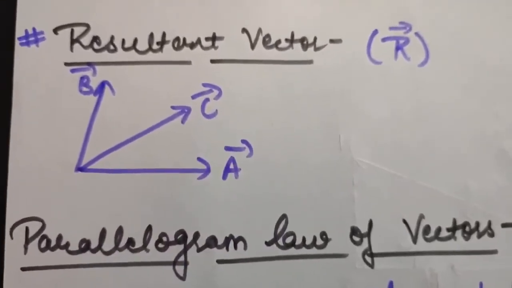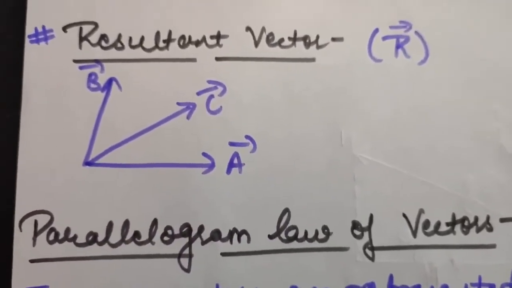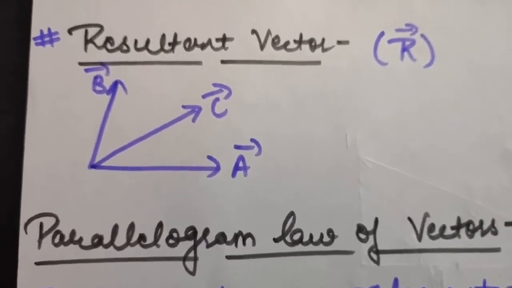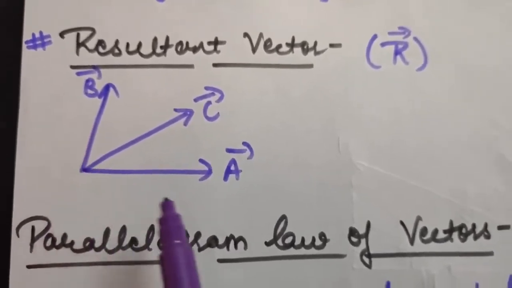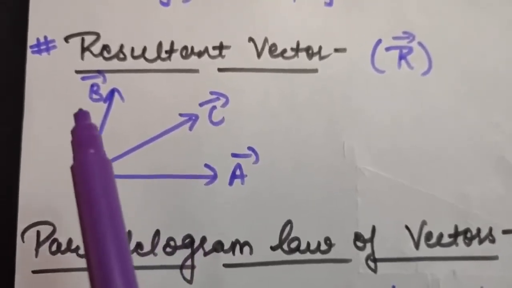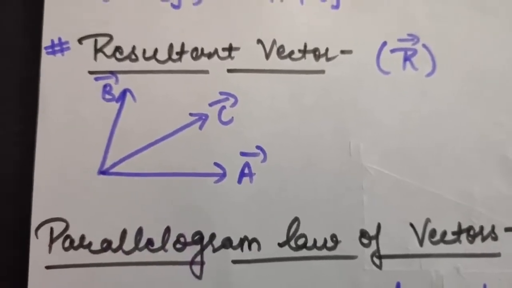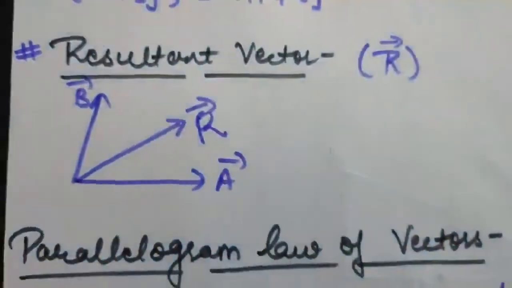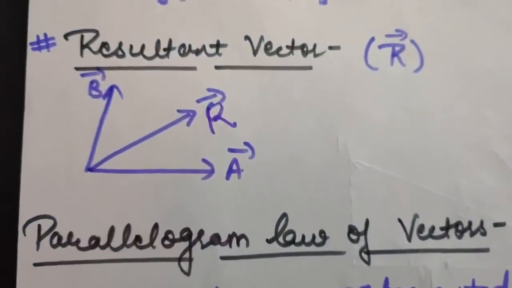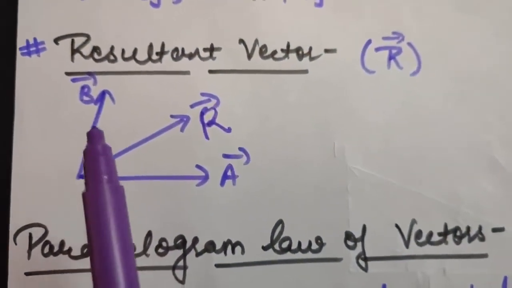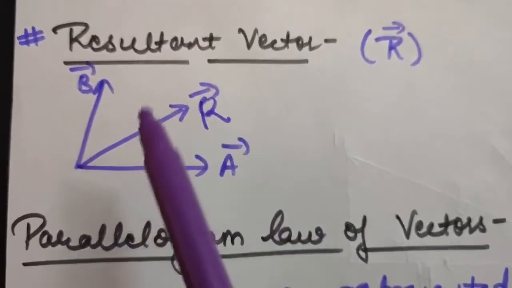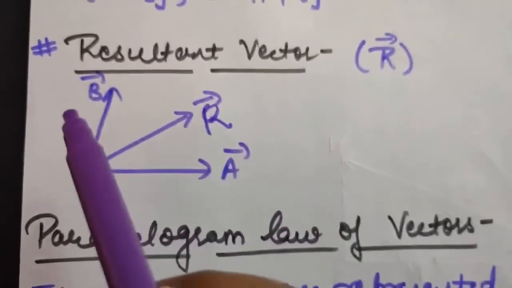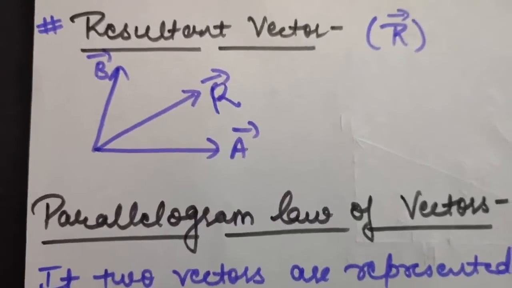Basically, the resultant vector is that vector which gives the same effect as is given by the two individual vectors. That is, A and B will be giving some effect, and this vector, we will take it as R only. This vector R will also be giving some effect, and the effect of A and B will be equal to the effect of R, because R is the resultant vector of A and B.